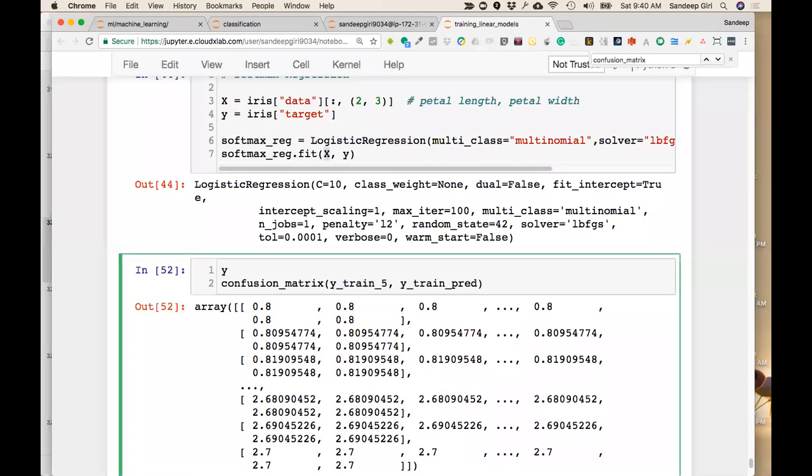So y predict equals... let's see, can I just do this?